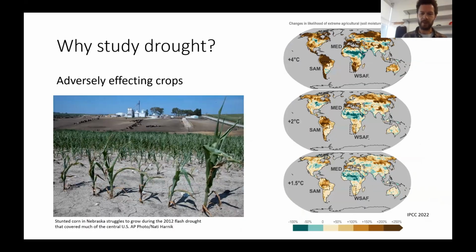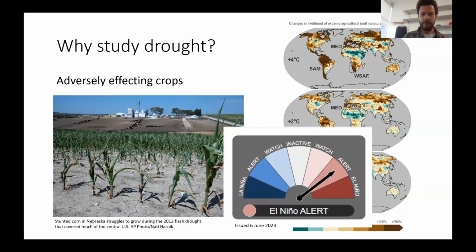The caption on the right is coming from the IPCC report in 2022, showing that the chance of incurring an extreme drought in any particular year is increasing substantially with global warming.